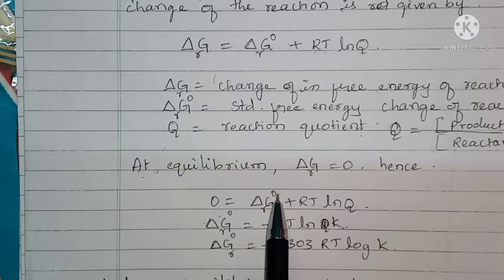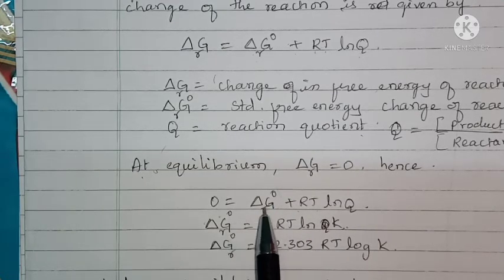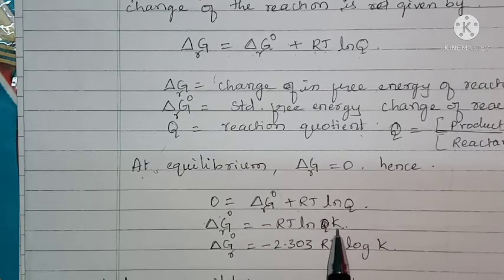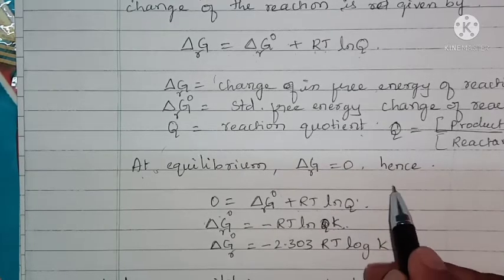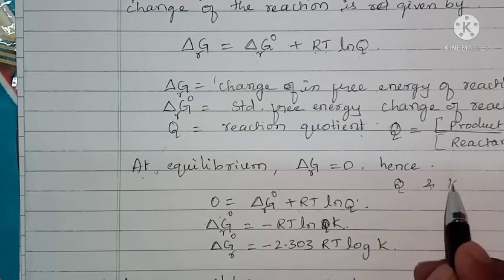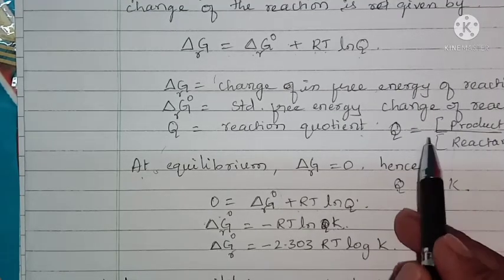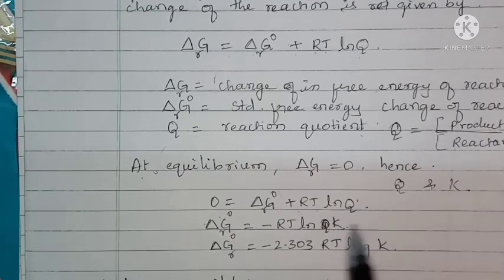Standard free energy change plus RT ln Q equals 0, or delta G naught becomes minus RT ln Q. In place of Q you can take it as K, because it is the equilibrium constant. Q and K are the same form. Q is the ratio between concentration of the product and concentration of the reactant.